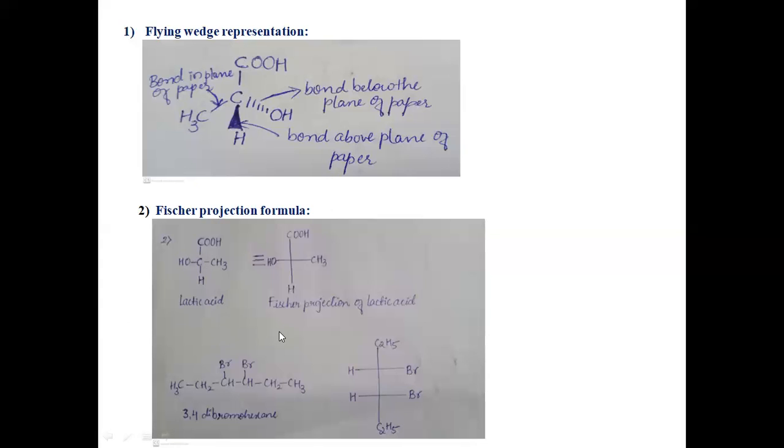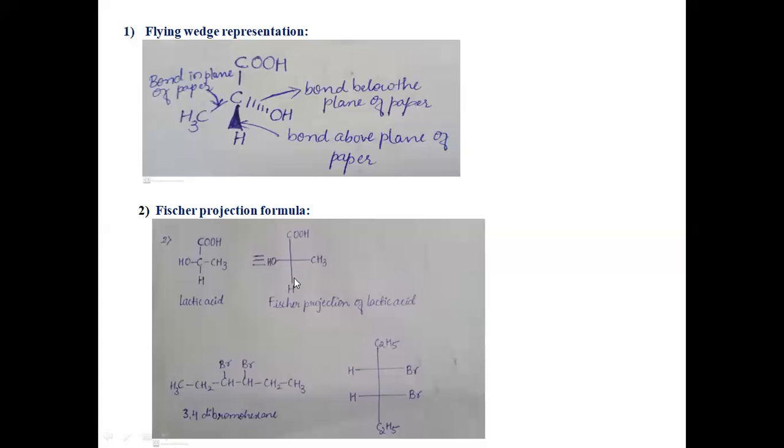In the projection formula, the first step is to represent the chiral carbon atom or chiral center. Here in the Fischer projection formula, we are drawing a cross line. See here, it is like a plus sign.